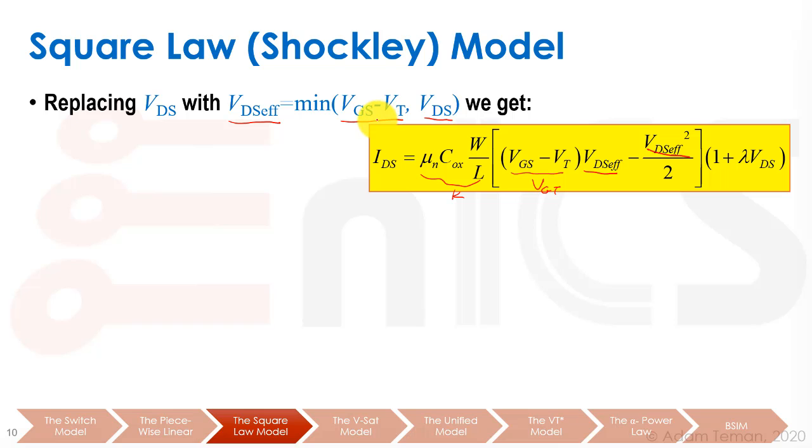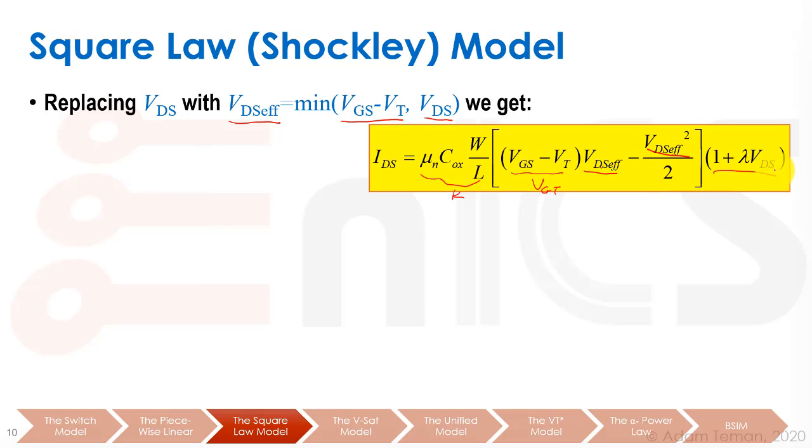If it's VDS, then this just becomes VGS minus VT times VDS minus VDS squared over 2, which is just our regular linear equation. If it's VGS minus VT, this becomes VGT, so this times this becomes VGT squared minus half of VGT squared, so we get K over 2 times VGT squared, which is the square law model.